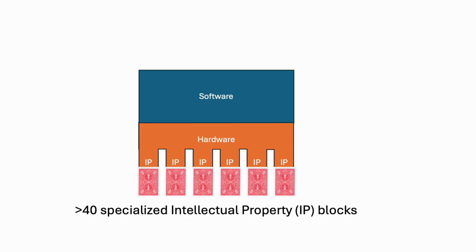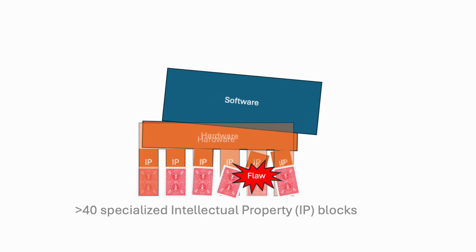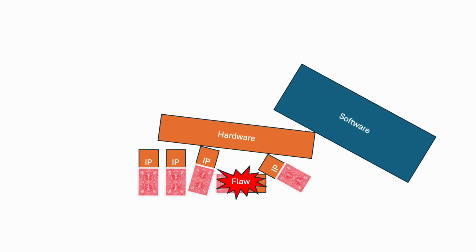While this is great for performance reasons, it also makes the state space of the design blow up, and it's very hard to make sure that not only each individual IP block is bug-free, but that there are no weird interactions between all of them when integrated into a full system. If one of these IP blocks has some issue, it's possible for that to cascade into the whole stack falling apart.